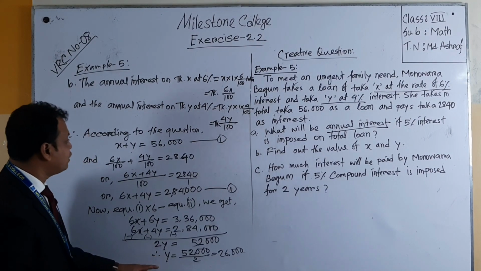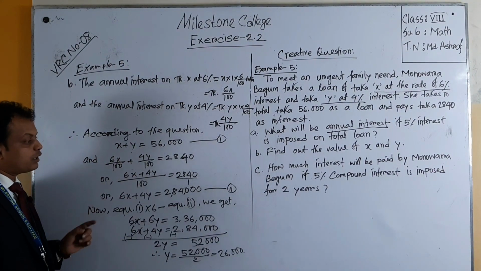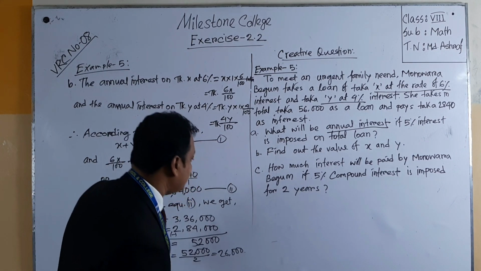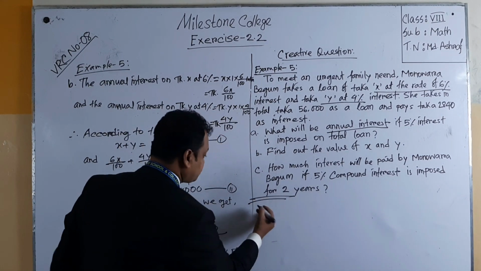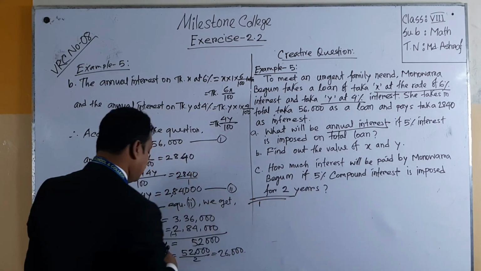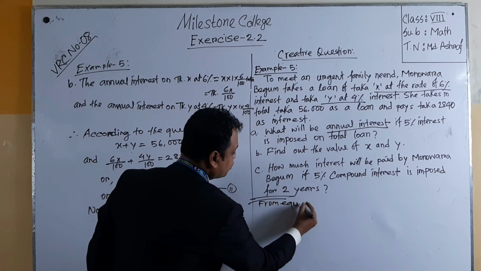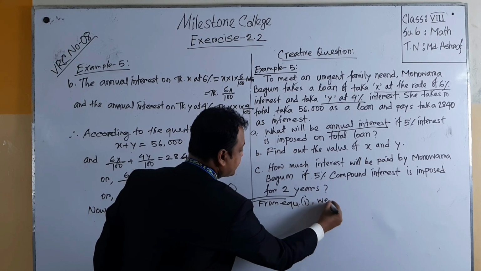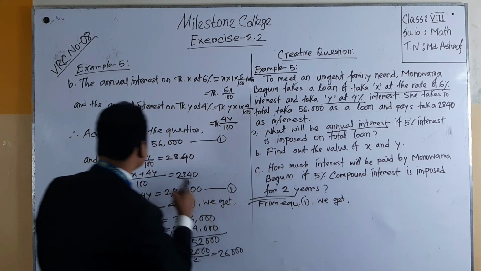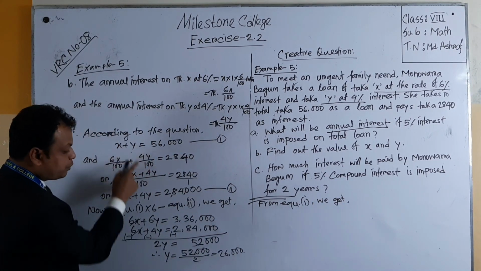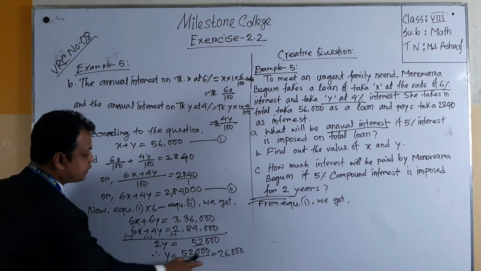Now put the value of y in equation 1. So what will you get? From equation 1, instead of y we will put the value y equals 26,000.